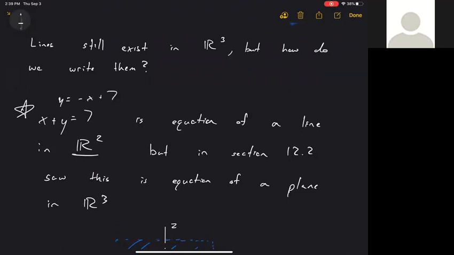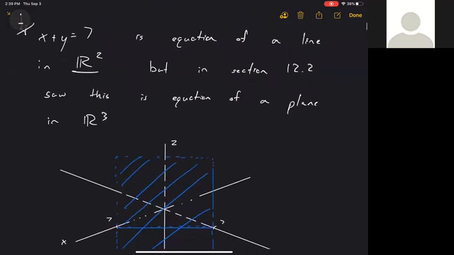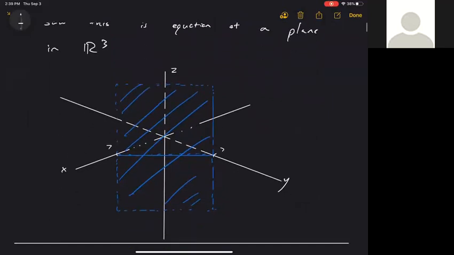That's a line with slope -1, y-intercept 7. But I think we did this exact equation as one of the examples in my previous videos, that this equation, when we see it in R3, is not the equation of a line. It's the equation of a plane.